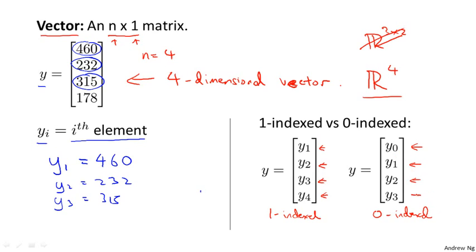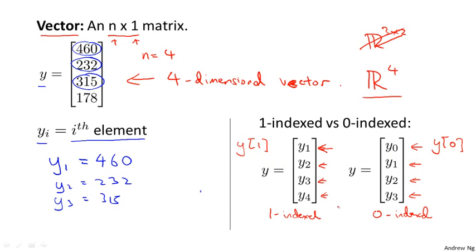So the elements go from y0 up to y3. This is a little bit like the arrays of some programming languages, where arrays can either be indexed starting from 1, or sometimes from 0, depending on what programming language you use.